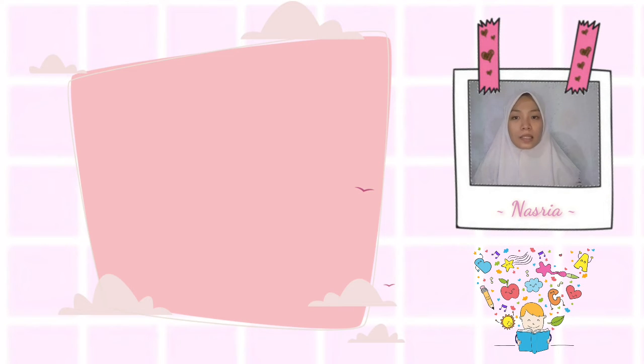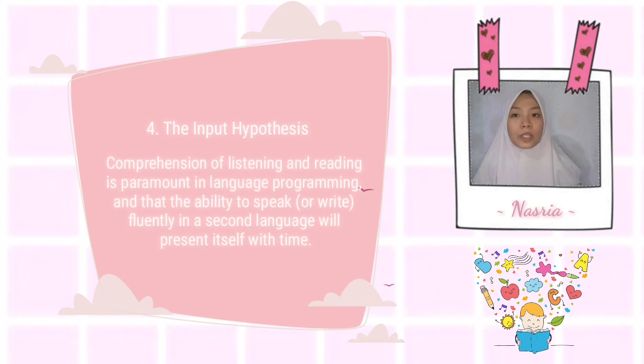Next hypothesis is the input hypothesis. The input hypothesis states that comprehension of listening and reading is paramount in language programming, and that the ability to speak or write fluently in a second language will present itself with time. Speaking fluency is just not taught directly. Conversely, speaking ability emerges after an acquirer builds competence through understanding input.